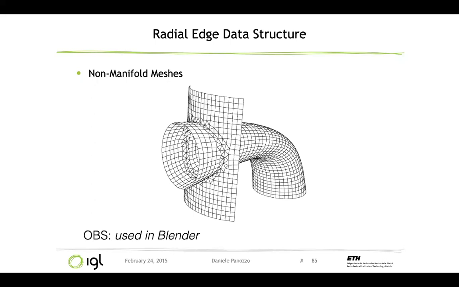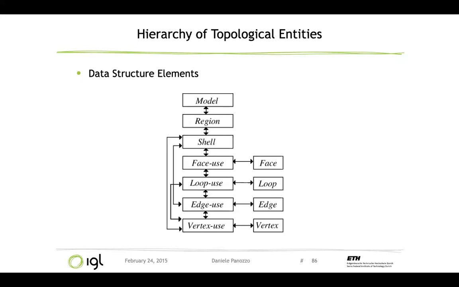And another comment is that it's also based on edges, because for surfaces, the edge is a special topological element. But here, what we take advantage of is that we have the edge as the main data element for the structure, but we consider different uses of the topological element. So you have a face, then a face use, a loop and a loop use, an edge use, a vertex use, and all that goes to a shell, that goes to a region, that goes to a model.